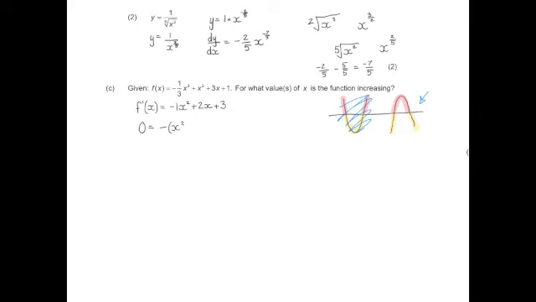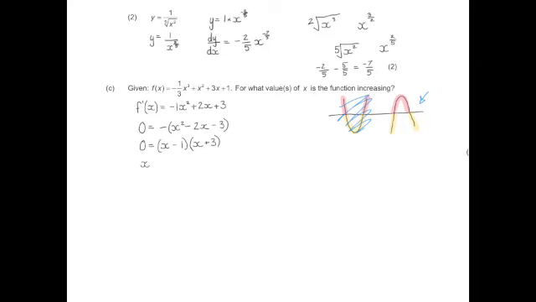And then we're going to factorize. The way I'm going to do that is by taking out negative 1 as a common factor, just to make my life easier. I find it easier to then factorize. We are going to divide both sides by negative 1 to get rid of that negative 1.